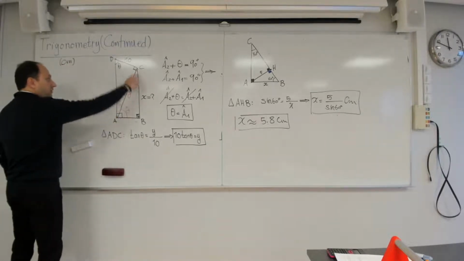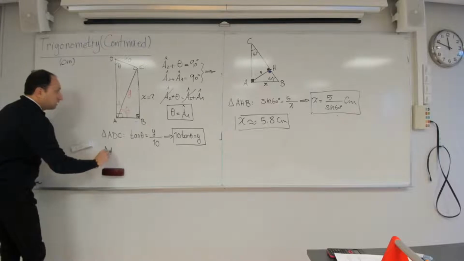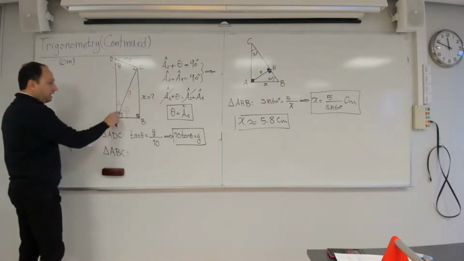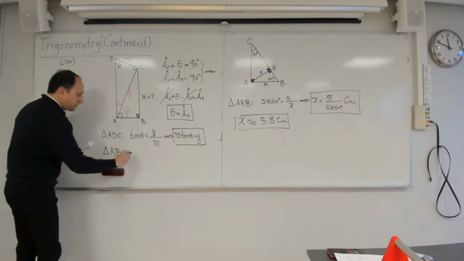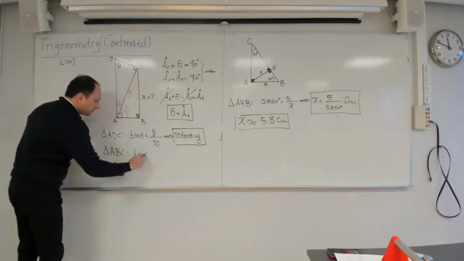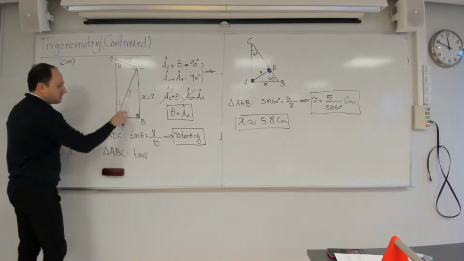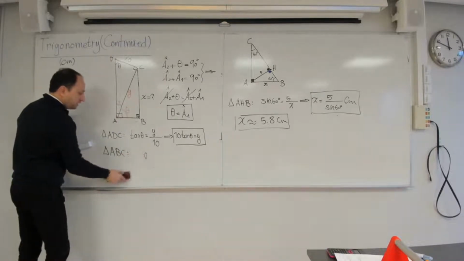Now I go back to my triangle here, triangle ABC. What can I write? Again, I can write tangent of theta. Tangent is not useful, is it? No, because x is opposite, so sine is useful here.